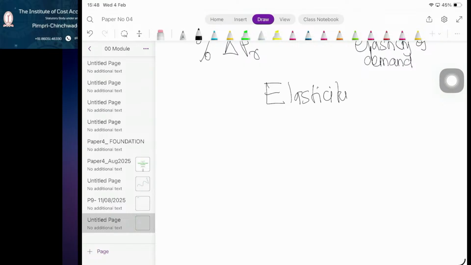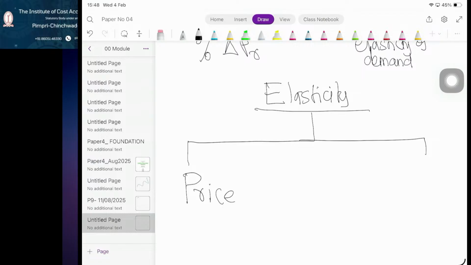Elasticity, we can have three types of elasticity. What are they? Elasticity with respect to price, which is the most common, but you can also calculate elasticity with respect to income, and we can also calculate elasticity with respect to the price of related goods.